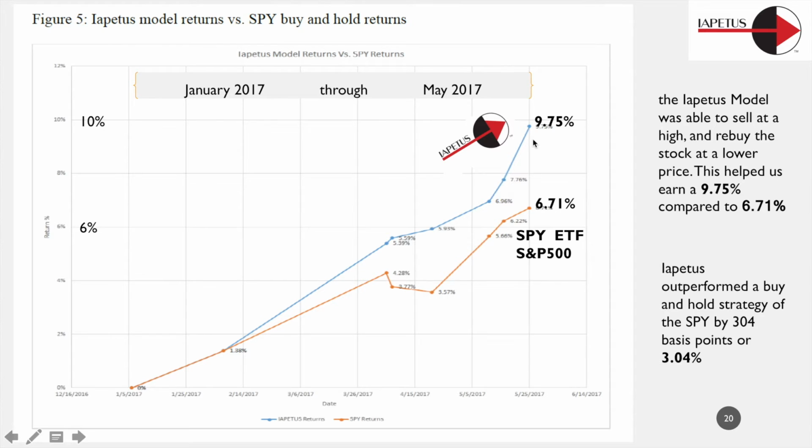What we're showing is beating a buy and hold strategy for the SPY ETF. From January 2017 to May, the SPY returned 6.71%. Our model, which allows us to sell at highs and rebuy the stock at a lower price, gave us this 9.75% return.